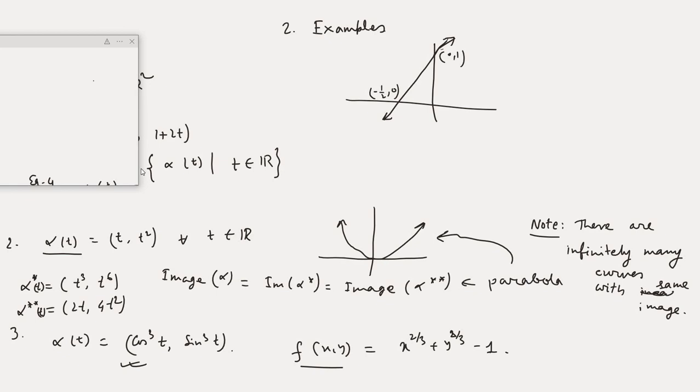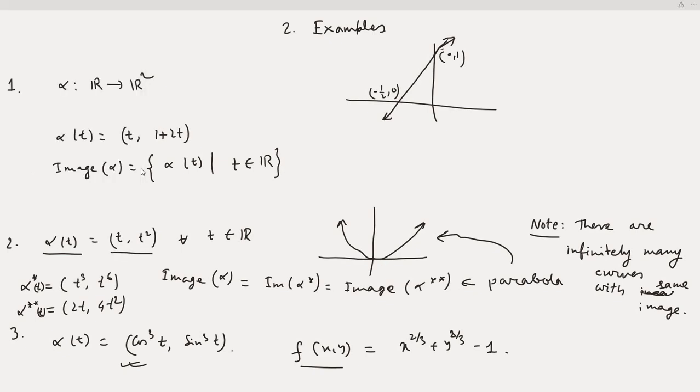For example, in example 2, alpha prime of t equals (1, 2t), which is non-zero for all t belonging to R. While alpha star has derivative (3t squared, 6t to the power 5).